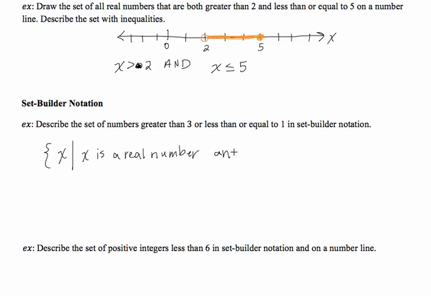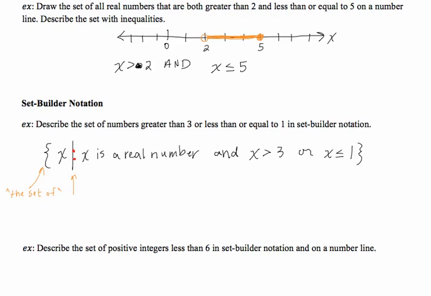and, let's see, x has to be greater than 3 or x has to be less than or equal to 1. So there is this in set builder notation. So the curly brackets are read the set of, the x is read all x, this long vertical bar, and sometimes you won't see a vertical bar, sometimes you'll see a colon instead.